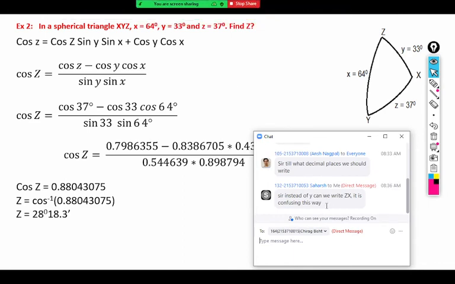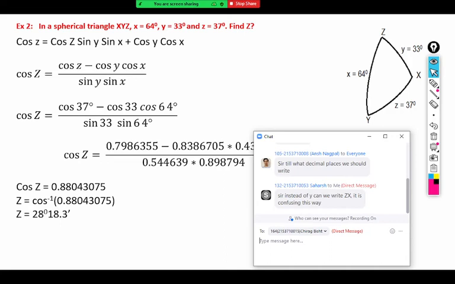Now Saransh is asking, instead of small y, can I write zx? You can write zx, not an issue. But in the exam, in the question, you will be given all the things in small alphabets and capital alphabets.